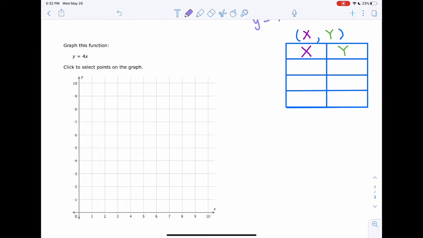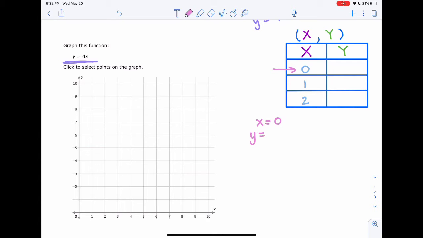Now we have the equation y equals 4x. Once again, I'm going to pick easy numbers, 0, 1, and 2. I'm going to first substitute in x equals 0.